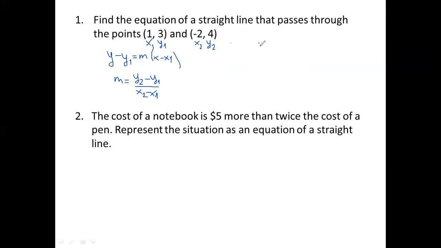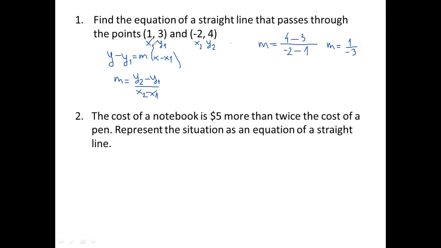So m equals y2, which is 4, minus y1, which is 3, over x2, which is -2, minus x1, which is 1. So we will have that the slope m equals 4 minus 3, which is 1, over -2 minus 1, which is -3. Okay?